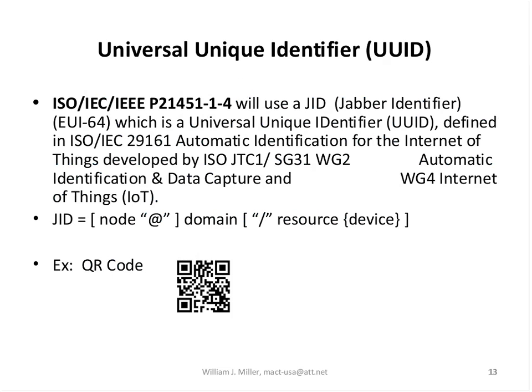And the Universal Unified Identifier, which has been submitted from ISO, I apologize, there was some spacing here, which PowerPoint decided to add in, but it's making use of what's called a Jabber identifier, or a JID. And today we're seeing that take the form of what is called a QR code. QR codes were developed by the Japanese for their auto industry, but they've been starting to take hold in many other areas.